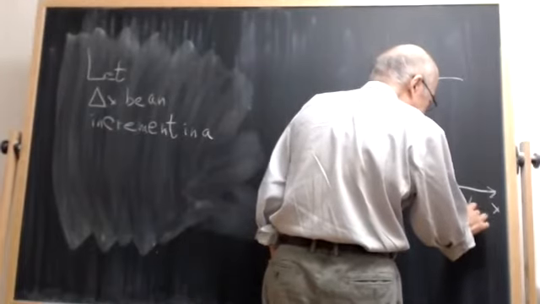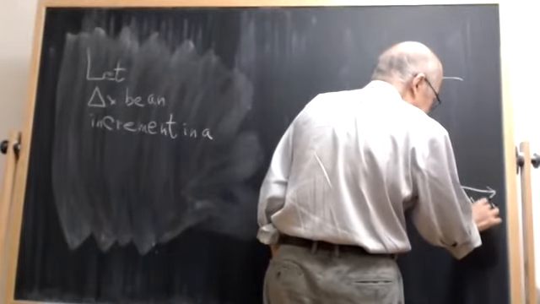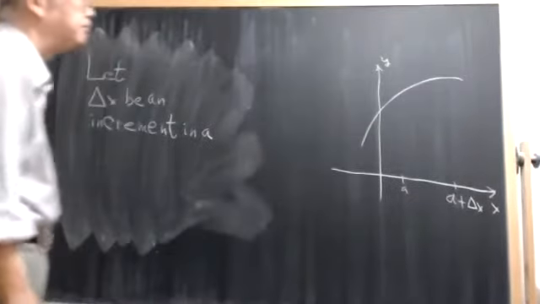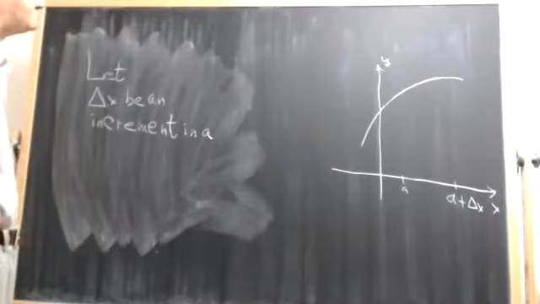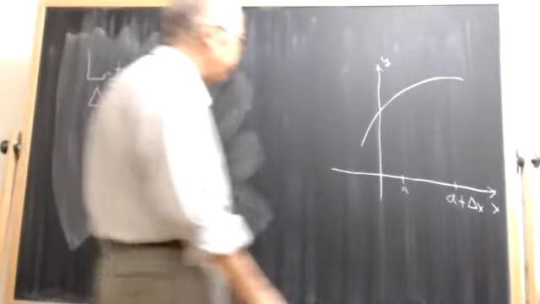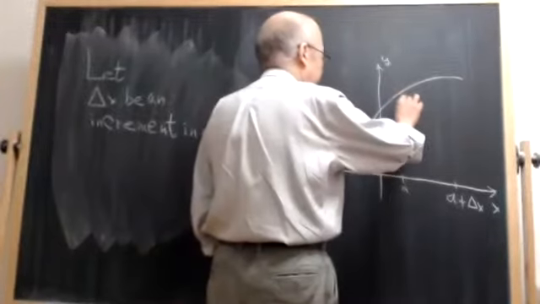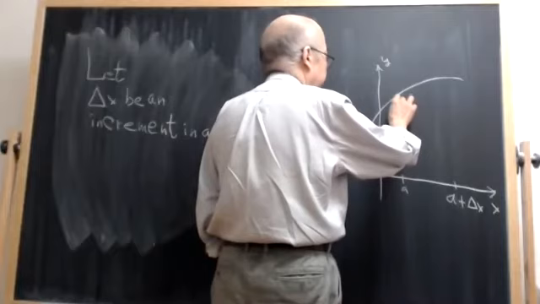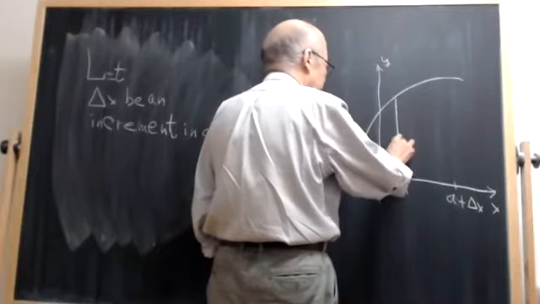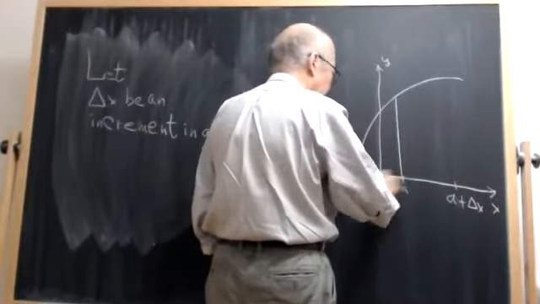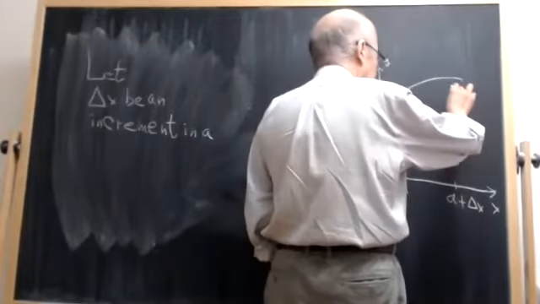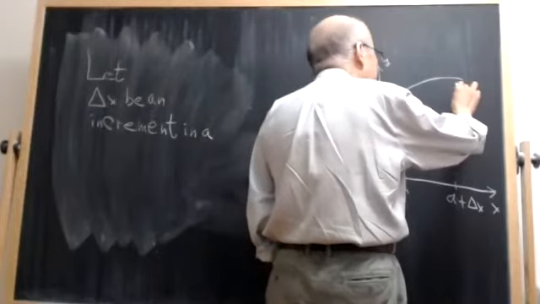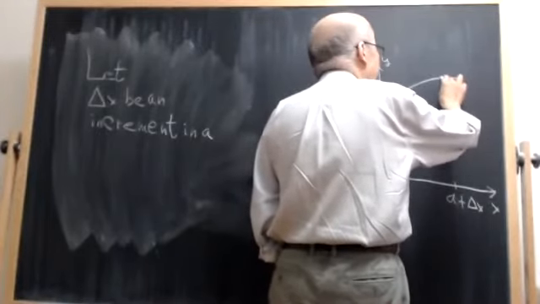So it's A plus delta x. I am going to look at the point on the graph corresponding to the number A, and also the point on the graph corresponding to A plus delta x.